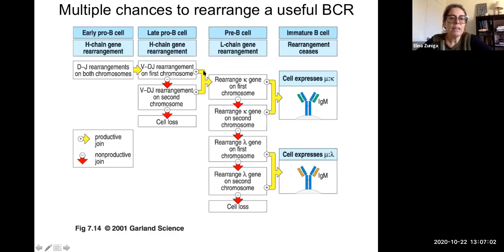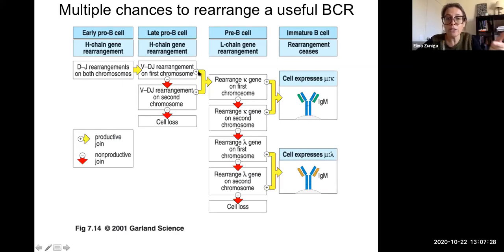If this is successful, if there is a productive joint of these segments, then the cell will pass the first checkpoint with a pre-BCR. And three things will happen. It will inhibit rearrangement on the second chromosome, and this is called allelic exclusion.